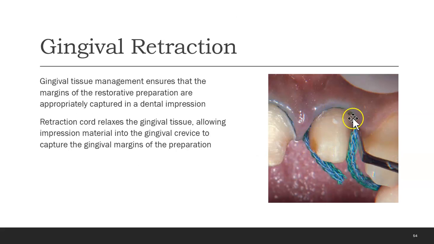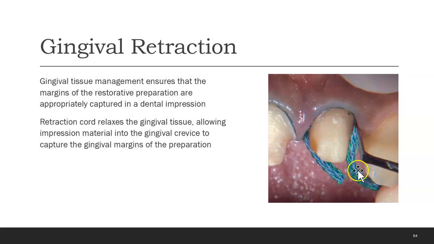There is also gingival retraction cord, which is either one or two strands that is placed into the sulcus. What it does is push the gingival margins away from the restorative prep. So when you want to prep the tooth, it pushes the gingiva away. And when you take an impression with the retraction cord in, you can capture the gingival margins as well.